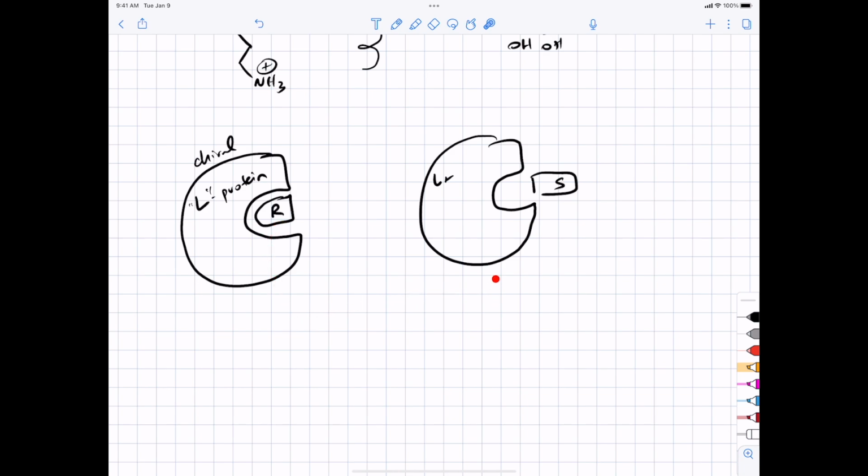It's a diastereomer of our L protein bound to the S isomer. Two different situations, two different outcomes. We'll talk about this more next time, but what that means is two molecules that are enantiomers might have different biological effects. That's really important in drug discovery. So we'll talk about that more next time.